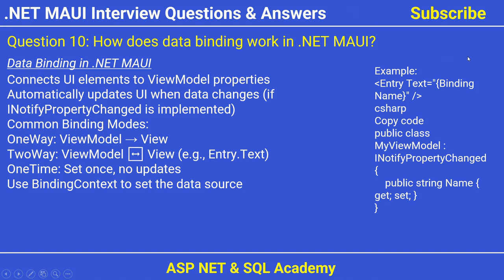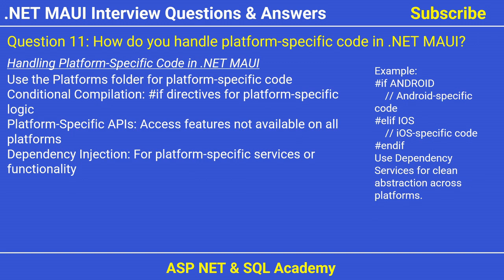In .NET MAUI, platform-specific code is handled in a few key ways. The Platforms folder holds platform-specific files, allowing you to implement logic tailored to specific operating systems like Android, iOS, or macOS.